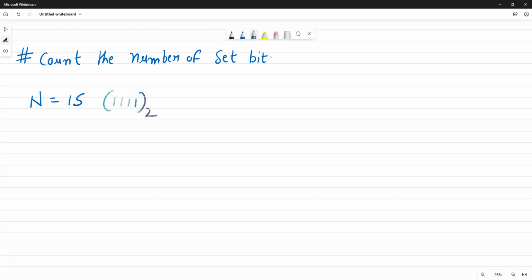So this has 4 set bits, so you need to return 4. Let's suppose your number is 6, it is 110. So this should return 2 as an answer. So this is your question, that you have to find out how many bits are set in a particular number. Clear?